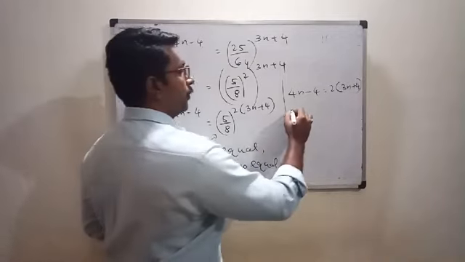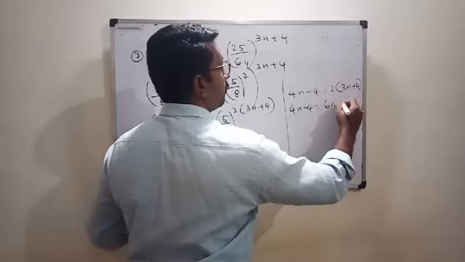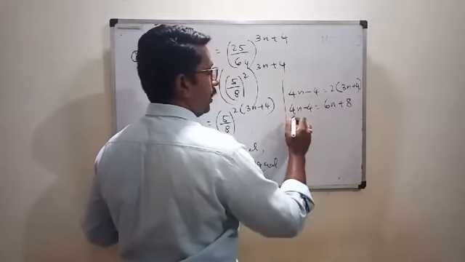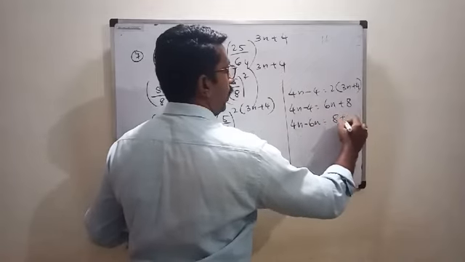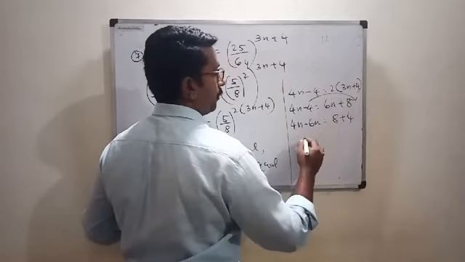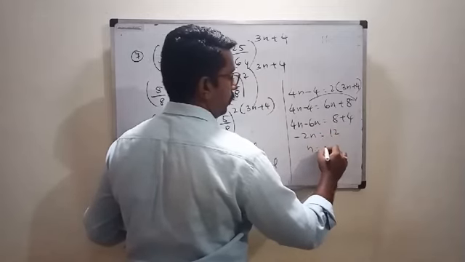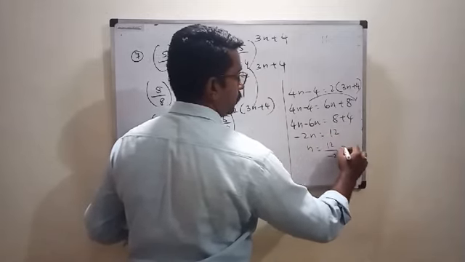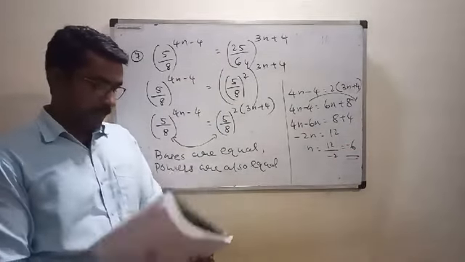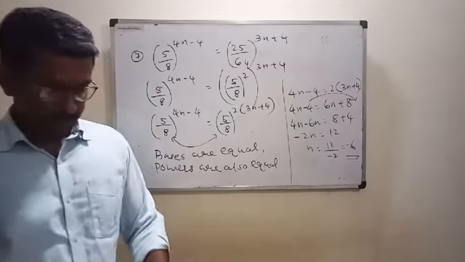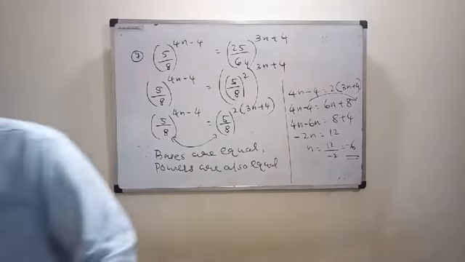What do you get? 4n minus 4 is equal to 6n plus 8. You can bring here 4n minus 6n is equal to 8 plus 4. This will go here. Minus 2n is equal to 12. n is equal to 12 upon minus 2, which is minus 6. Okay. Have you understood? Now let us go to question number 8.